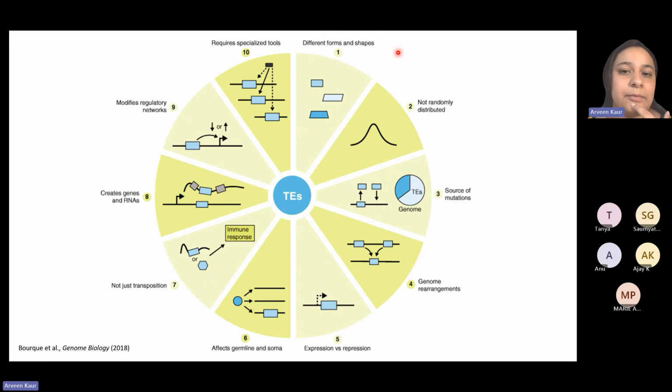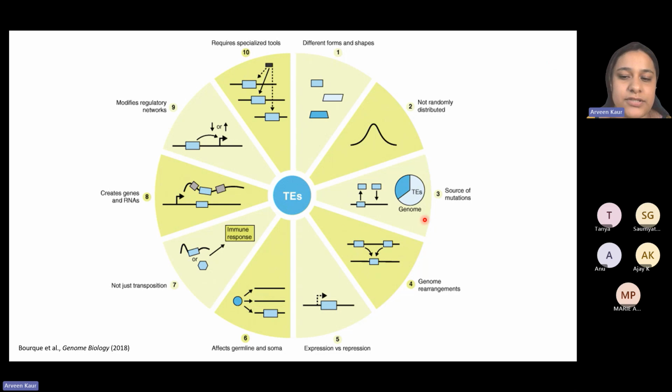They are present in different forms and shapes. They are not randomly distributed. There are some places with a tandem, or continuous, repeat of transposable elements. In other places, they are not present at all, right?